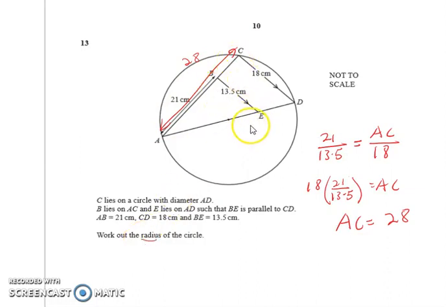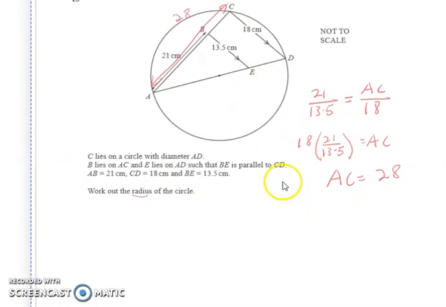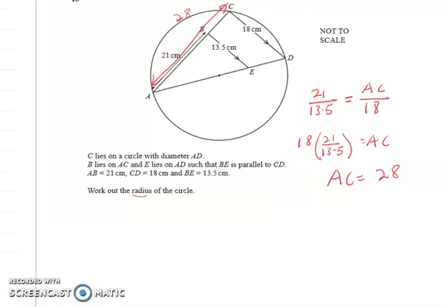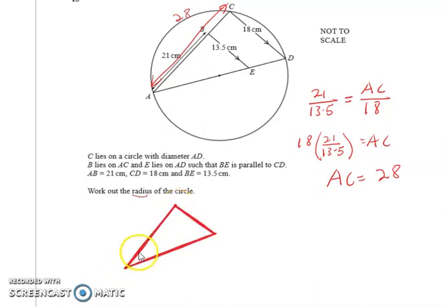Now we have to find the radius. We can find the radius by using tangent. So we can make the length of this 28, and here is 18. We just have to find the diameter AD. We can put x, for example, and find the angle.